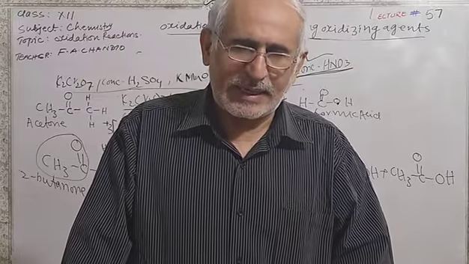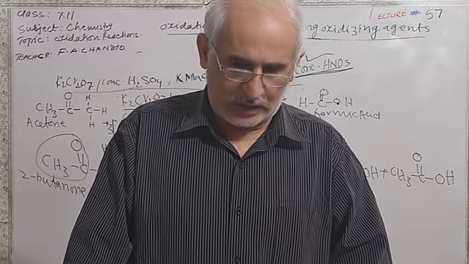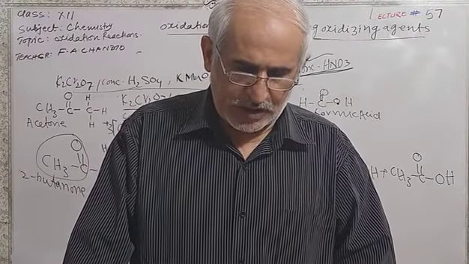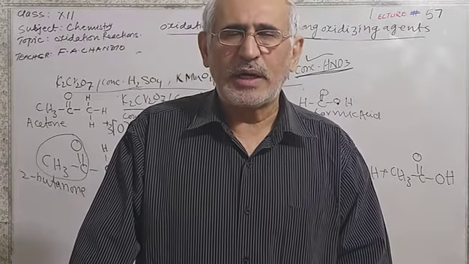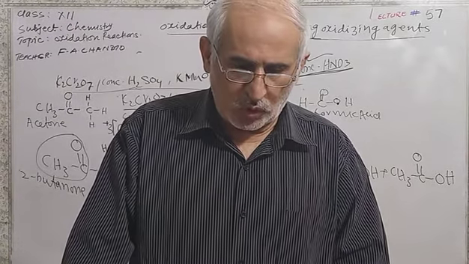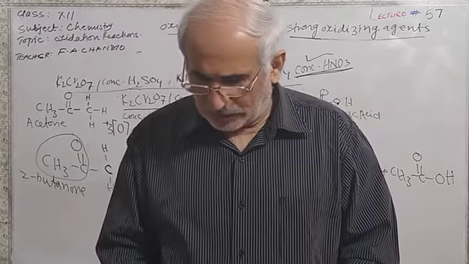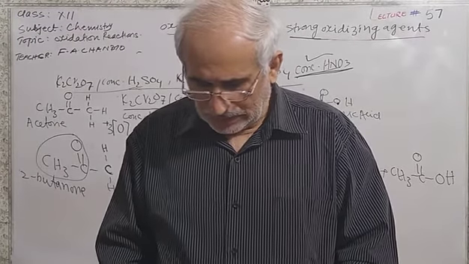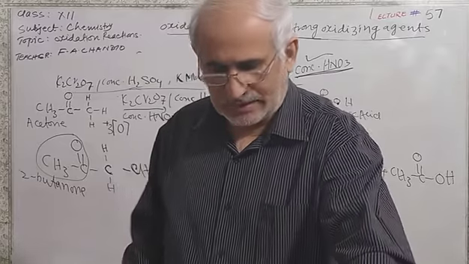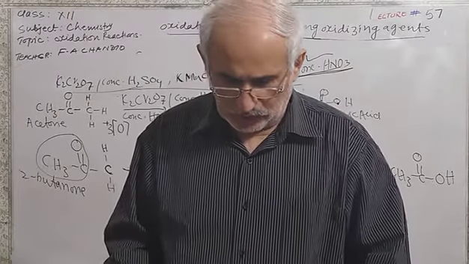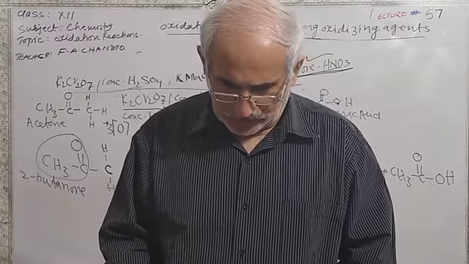Then acid catalyzed nucleophilic addition reactions. I told you Jones reagent, 2,4-DNP and phenylhydrazine. So please go through this chapter. According to the reduced syllabus, you have to prepare for this one.